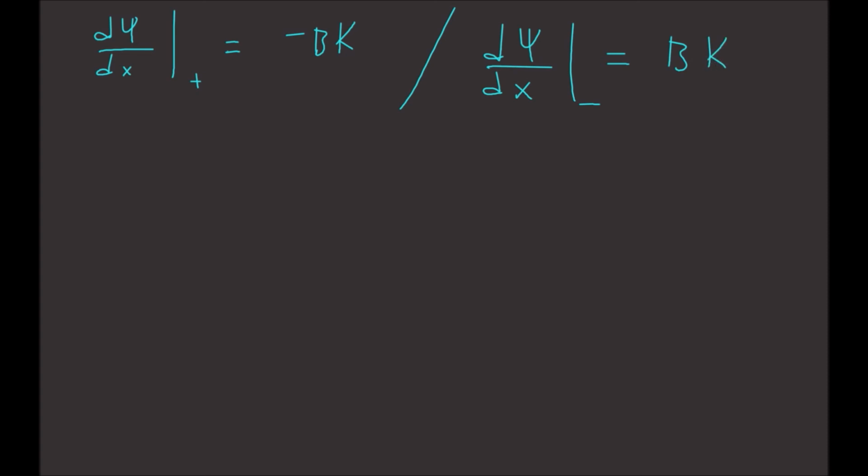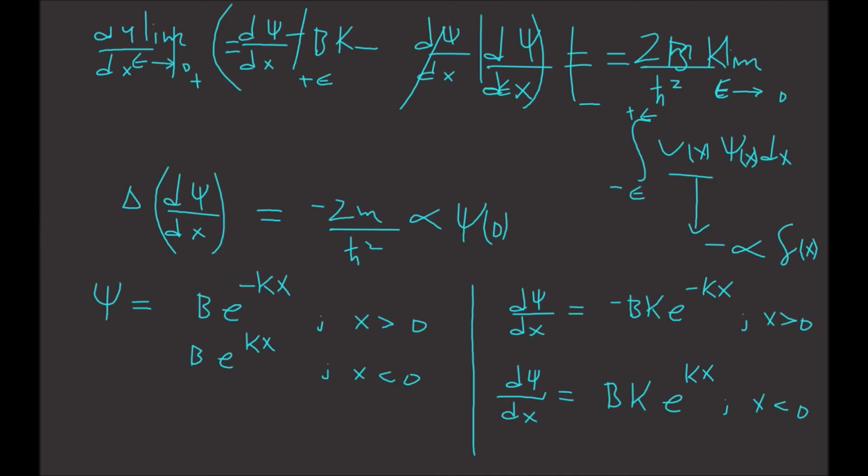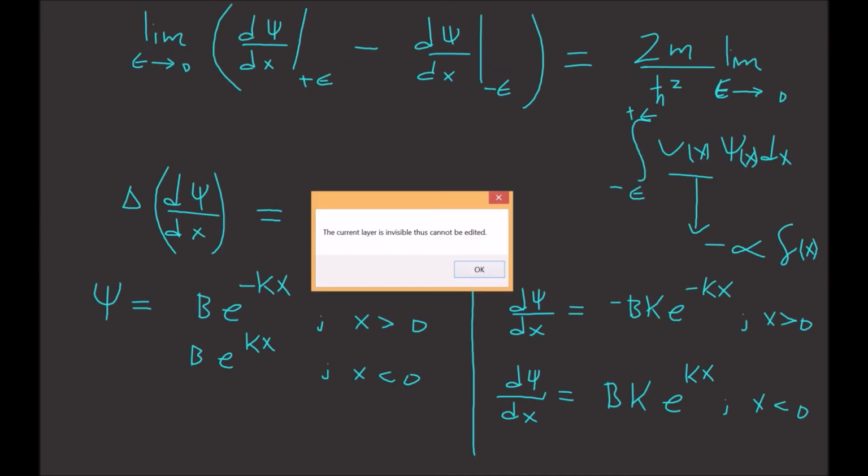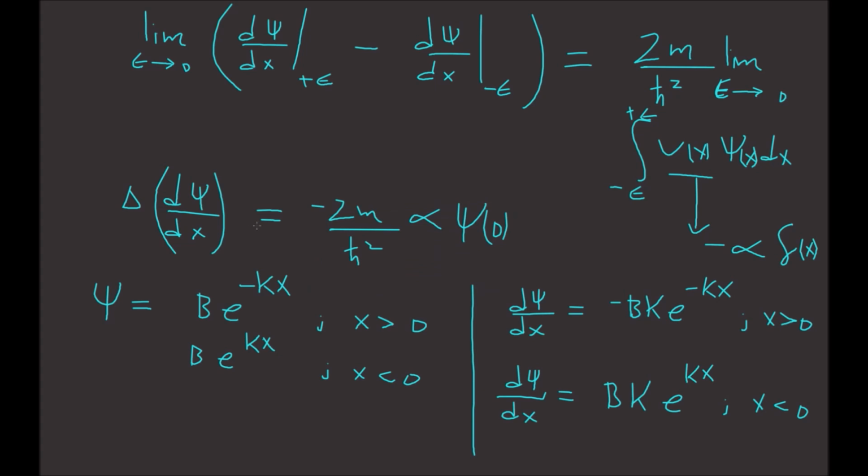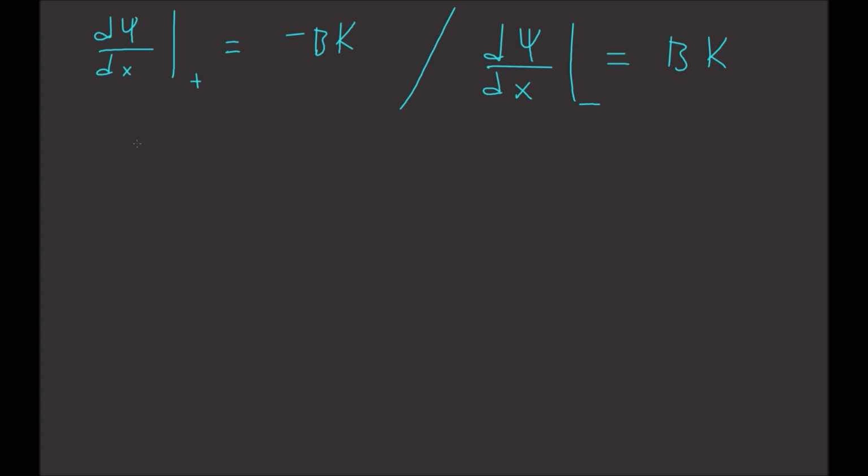Since we have these two values, we can plug them back into this equation right over here. So now we have delta d psi dx is equal to minus 2b times k.